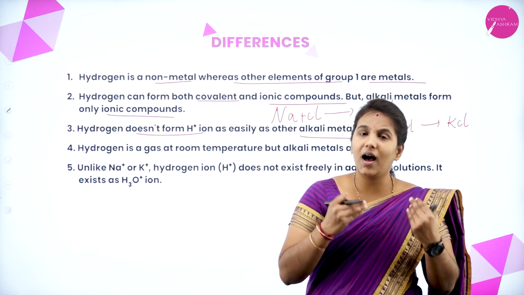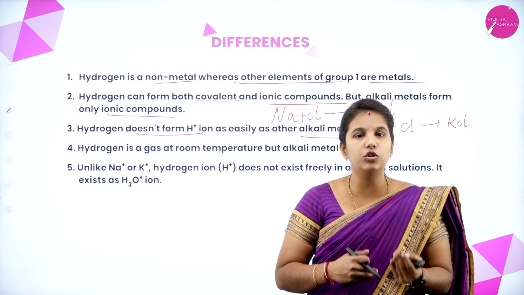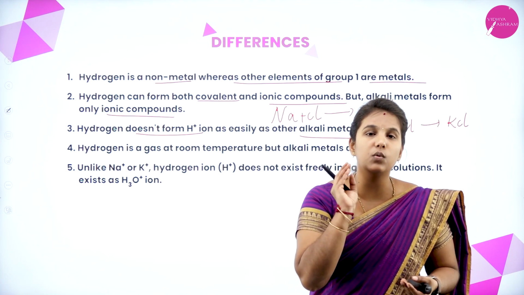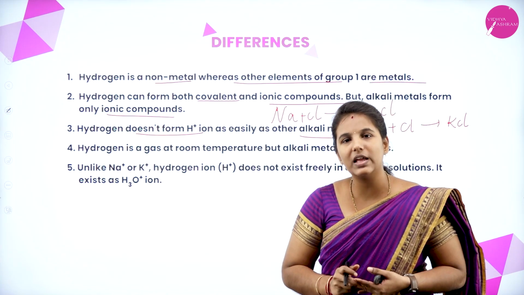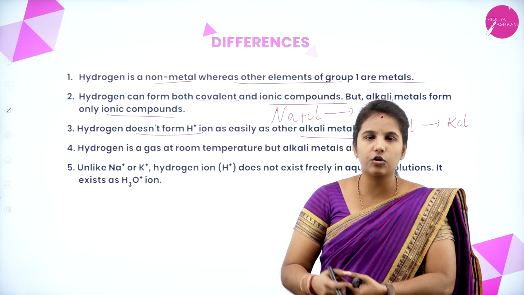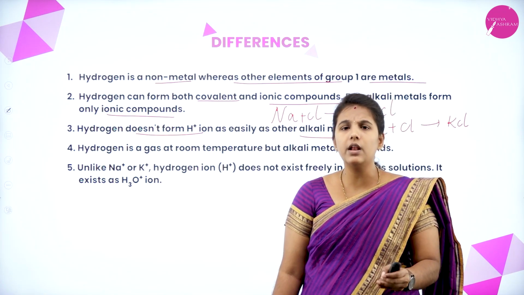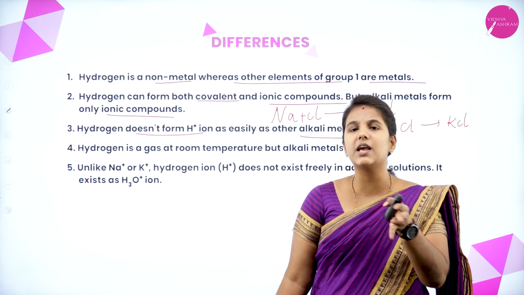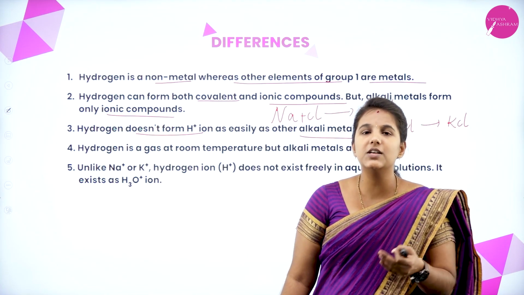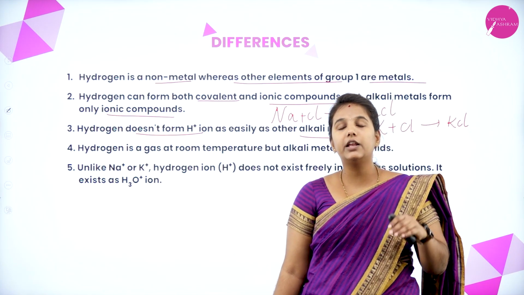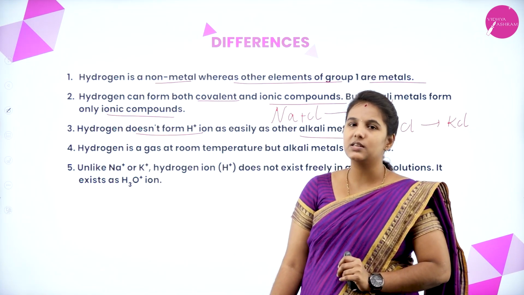But in other alkali metals, even though they have inner electrons, the valence shell has only one electron, so it is very easy for them to lose one electron and show their +1 oxidation state. Whereas for hydrogen, it is not very easy as compared with the alkali metals because it consists of only one electron in its shell. Hence, it cannot easily form an H+ ion.